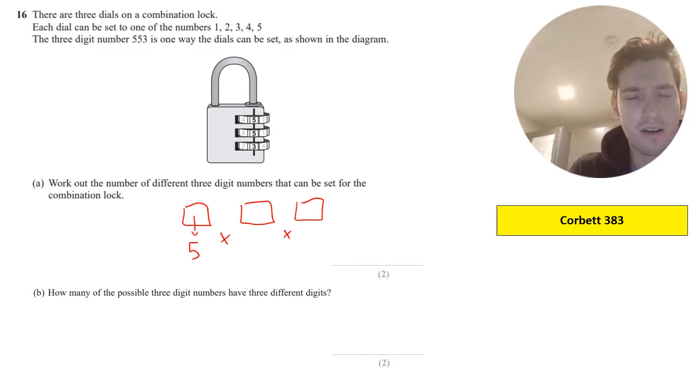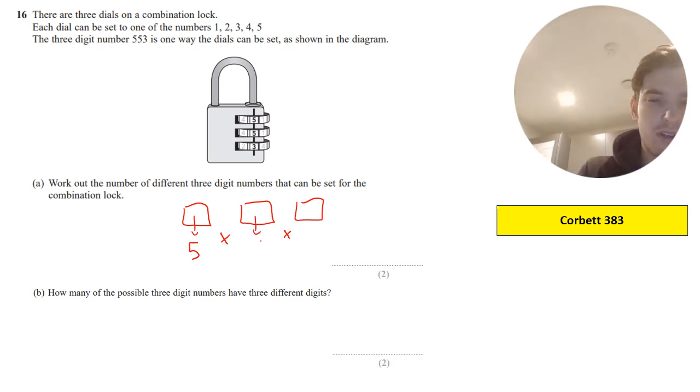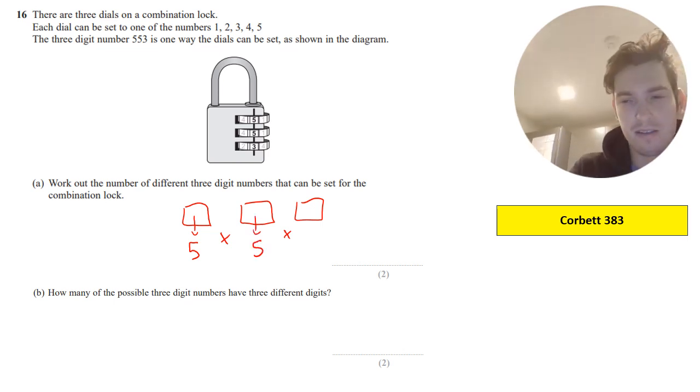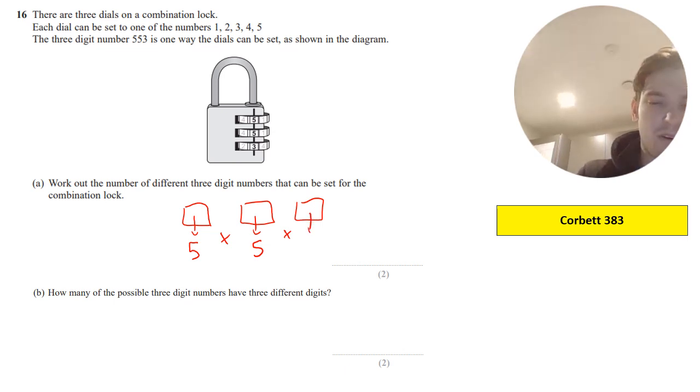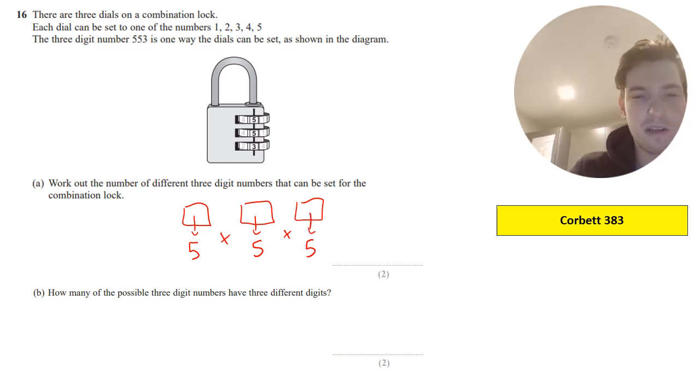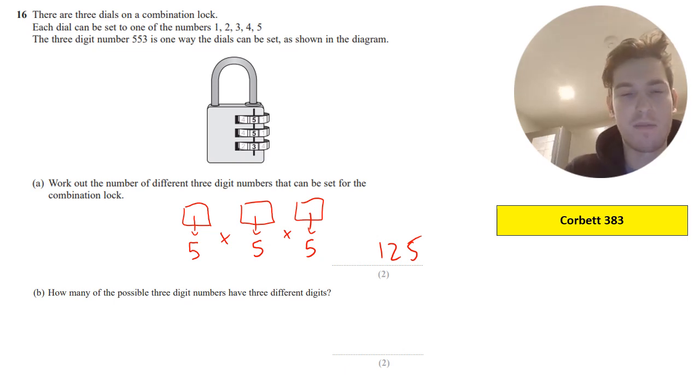What about the second one? Well, I can use the same number here. I think there's also going to be 5 different ways. And same thing for the third one. So 5 times 5 times 5 is going to be 125. Because remember, this is called the product rule, so I multiply each of the combinations together.